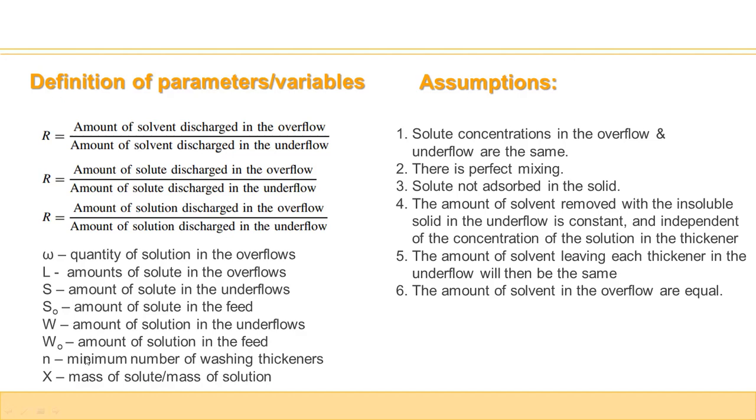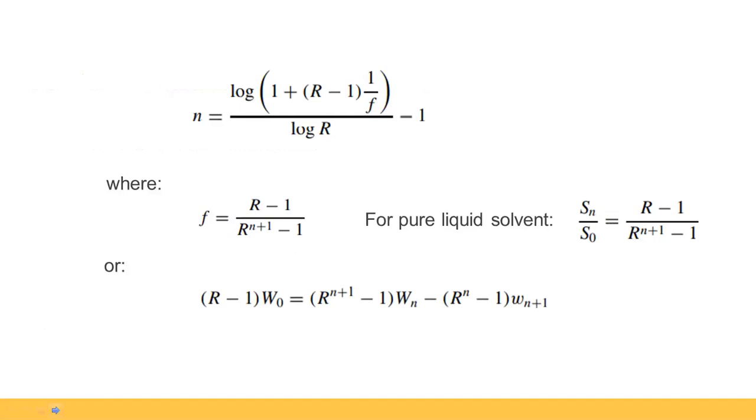N is the minimum number of washing thickeners, or the number of thickeners, and X, the capital letter X, is mass of solute over mass of solution. So a while ago, I have mentioned all this already in our illustration. So this is just a summary of all the representations that you will be encountering in our sample problem later on.